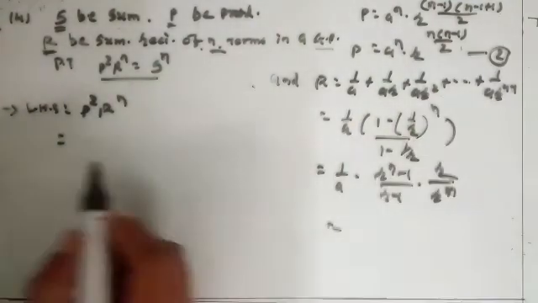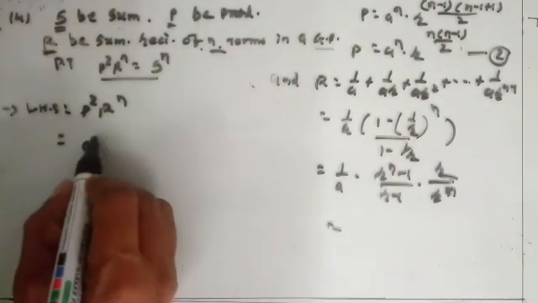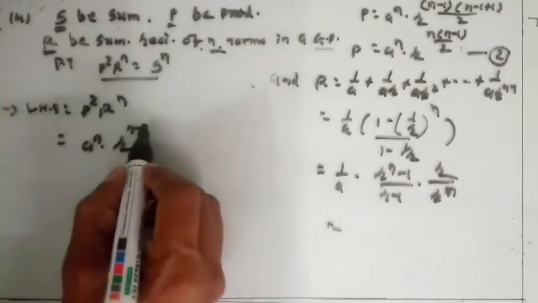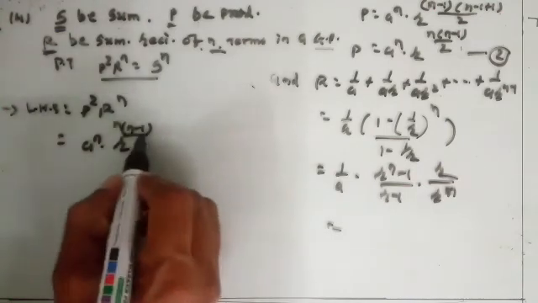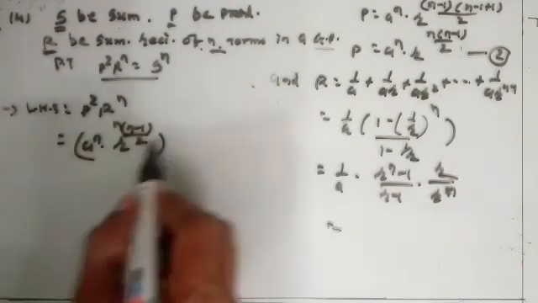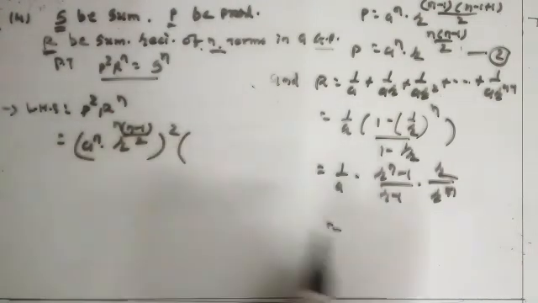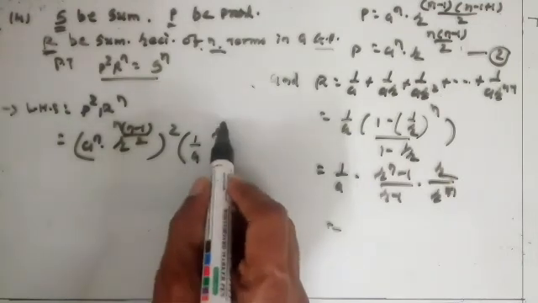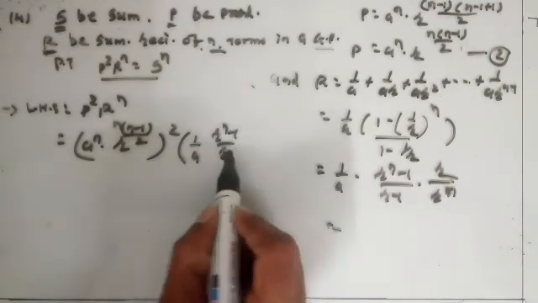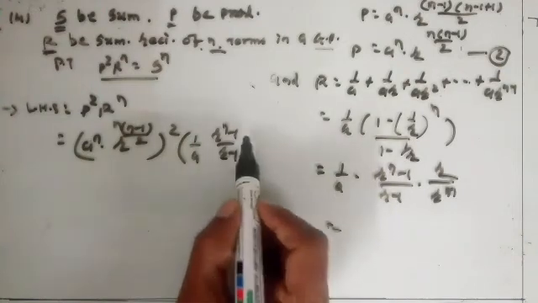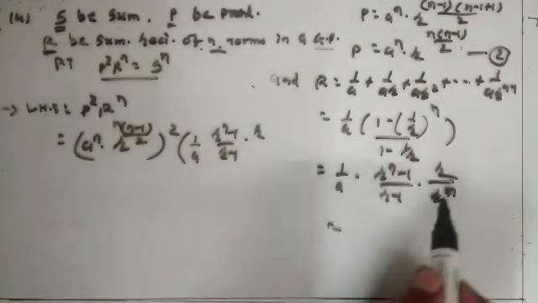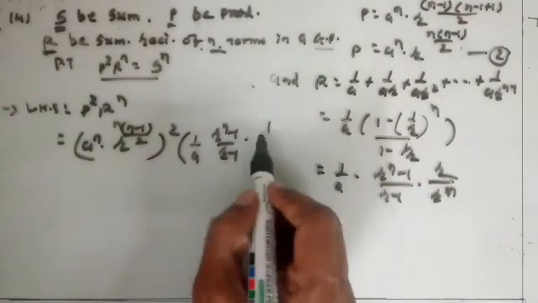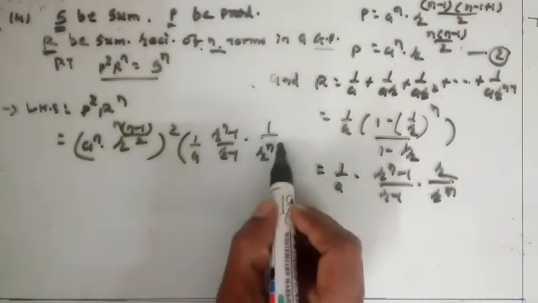Here P is equal to A raised to n r raised to n minus 1 upon 2, the whole raised to 2, and R is equal to 1 upon A r raised to n minus 1 into r raised to n minus 1 upon r minus 1.